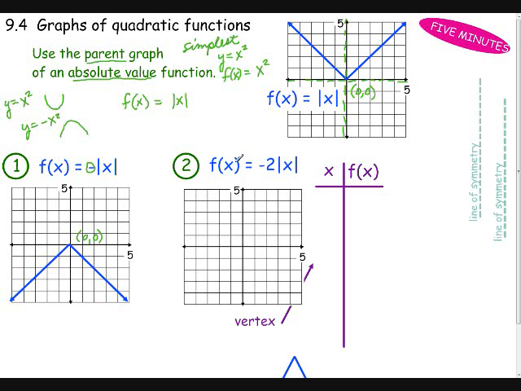Well, here's a more interesting one perhaps. This one is negative. So I know that my parent, let me just do a little dotted version of it. My parent graph, when I flip it, of course we know that the parent was right here, but when I flip it to make it negative, it's going to be like this.